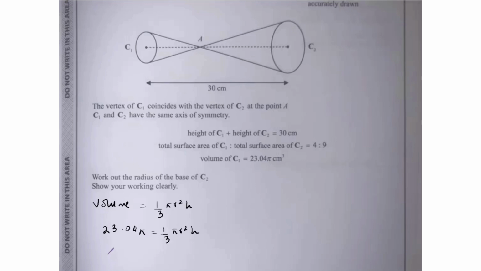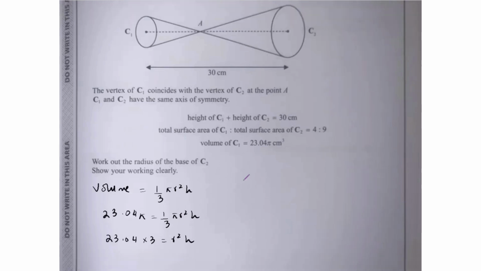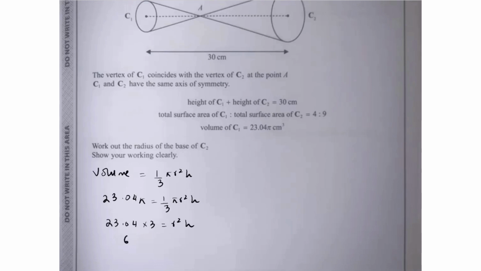The pi is getting cancelled out, so we have 23.04 times 3 equals r squared h. So 23.04 times 3 is 69.12. That's r squared h. Let me put 1 over here because this is for cone 1. This is what we have so far.